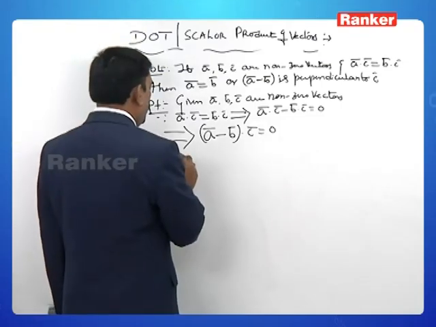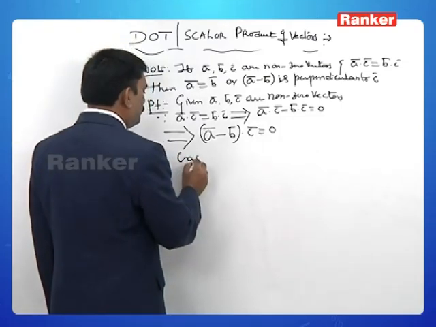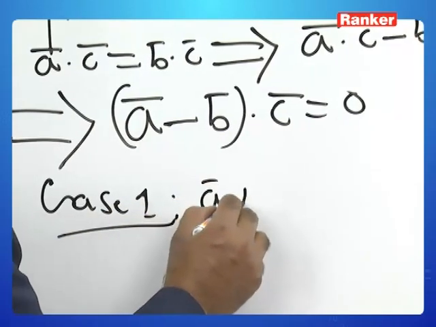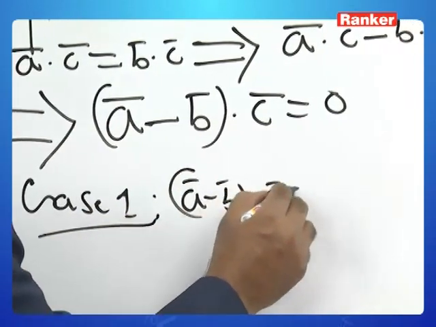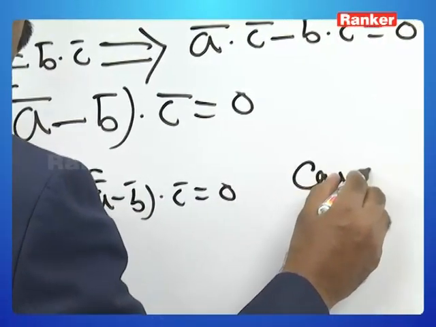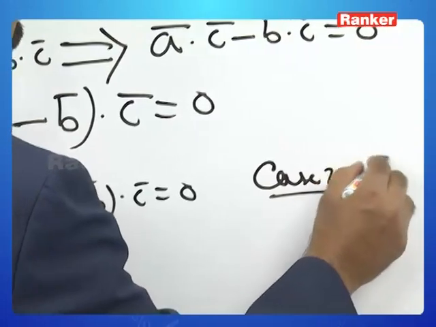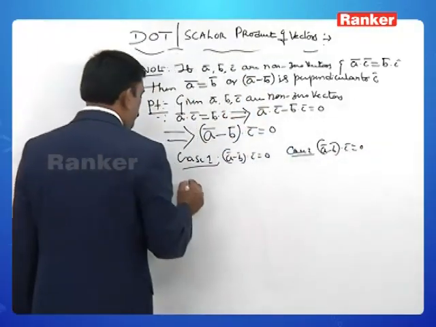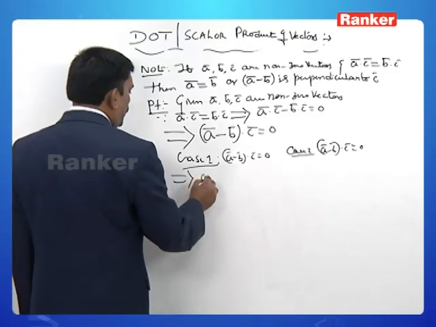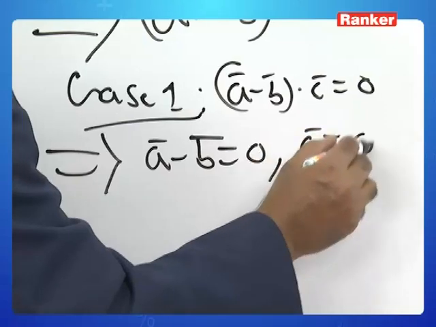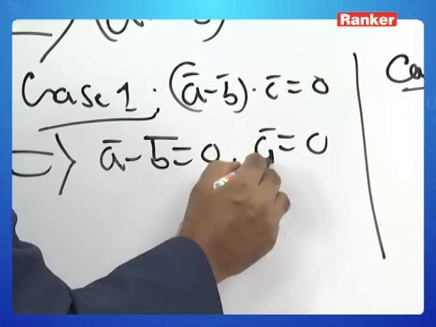Case 1. A bar minus B bar dot C bar is equal to 0, which implies A minus B is equal to 0 or C bar is equal to 0.